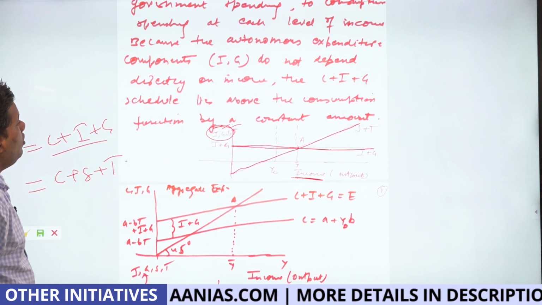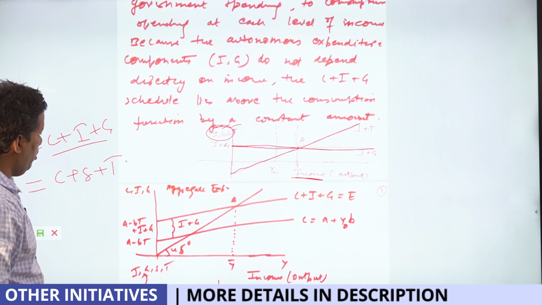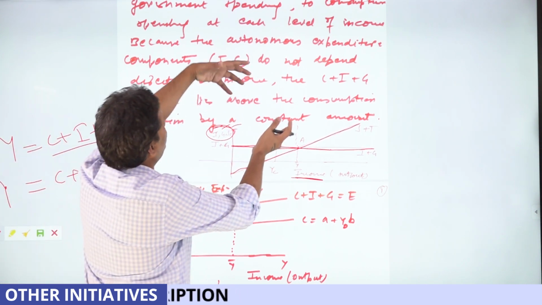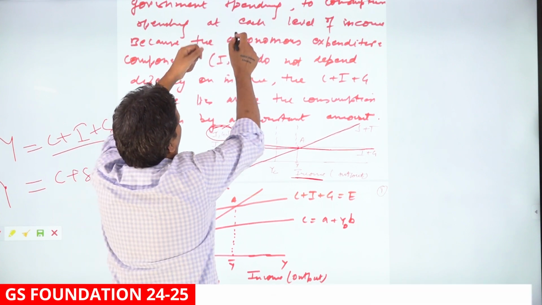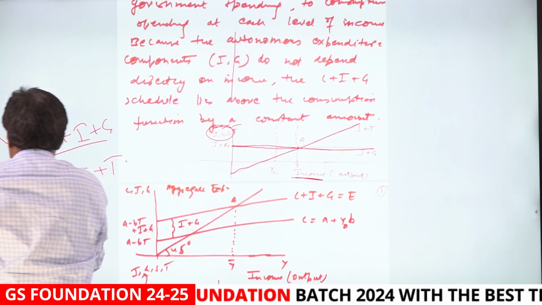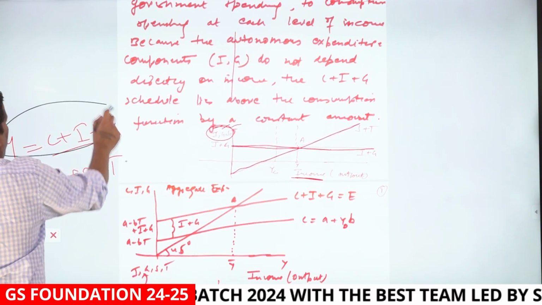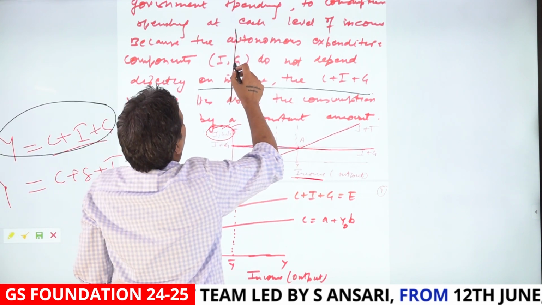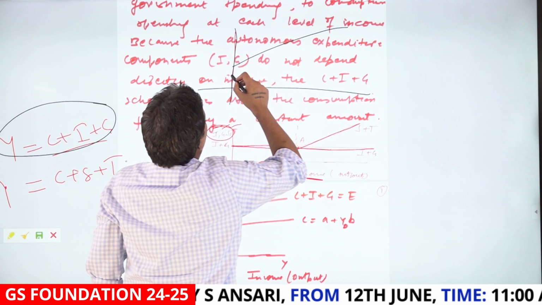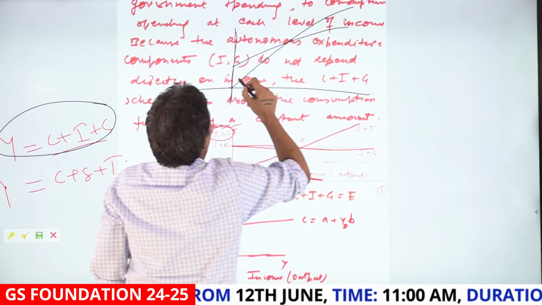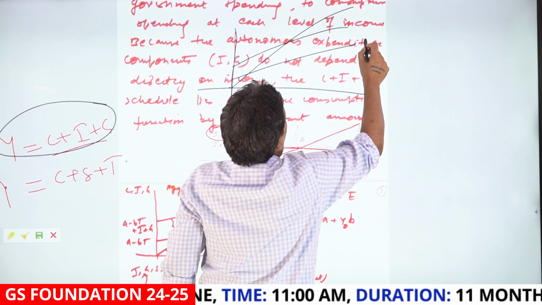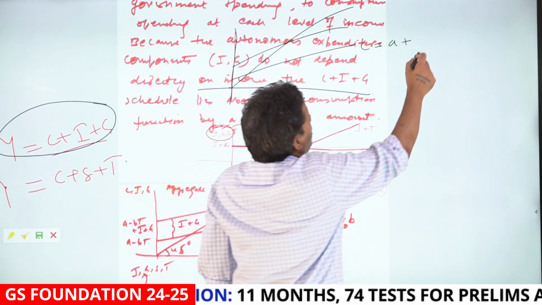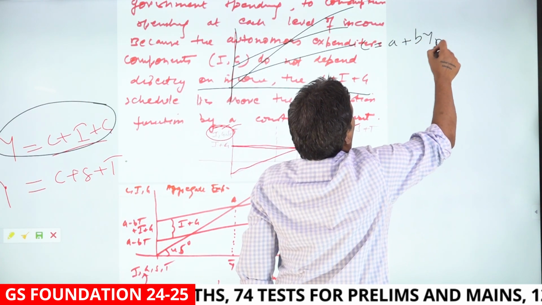Actually, this graph is a little bit incomplete. What you have to do is superimpose on this graph the previous graph, the one we drew using this equation. Okay, you remember this graph? There was the 45-degree line, then the consumption function, which was A plus BY disposable income.